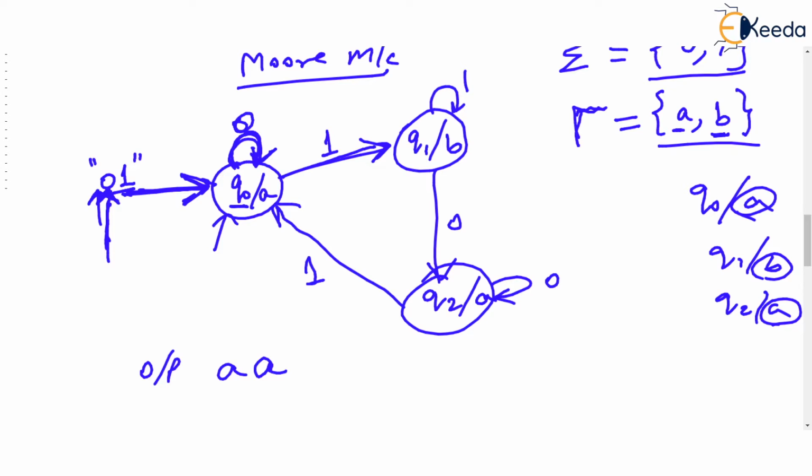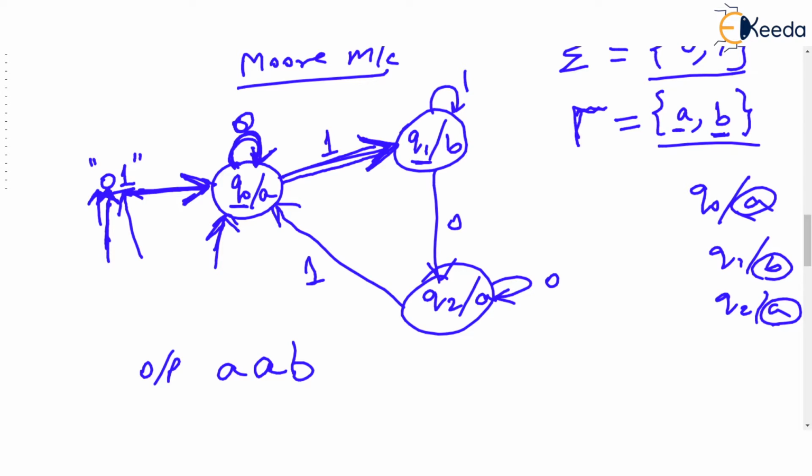Now what? The machine now reads 1. And of course, we are still in the Q0 state. So Q0 will read 1. And what is Q0 doing on reading 1? Yes, it is going to the Q1 state. Correct? So the machine now is in the Q1 state. But look, the machine has entered the Q1 state, so it will immediately output B. I hope you are understanding.